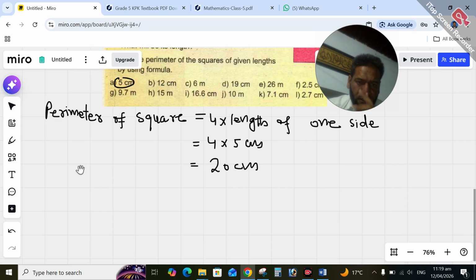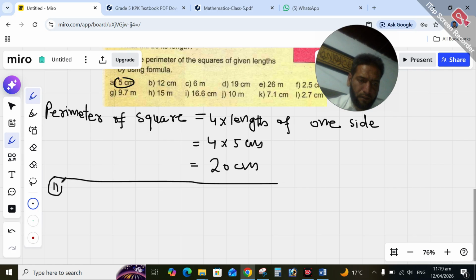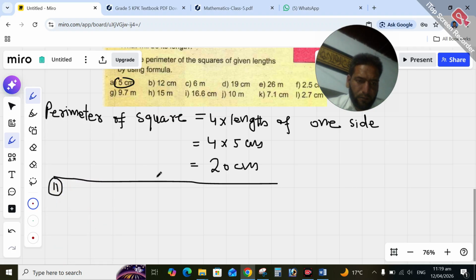The second one is 12 centimeter. So already the formula is given for the perimeter of the square.